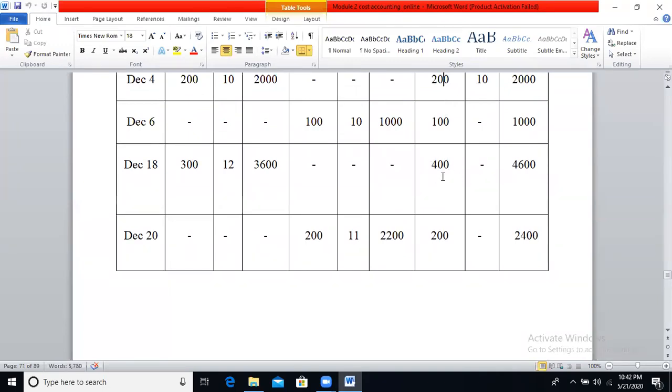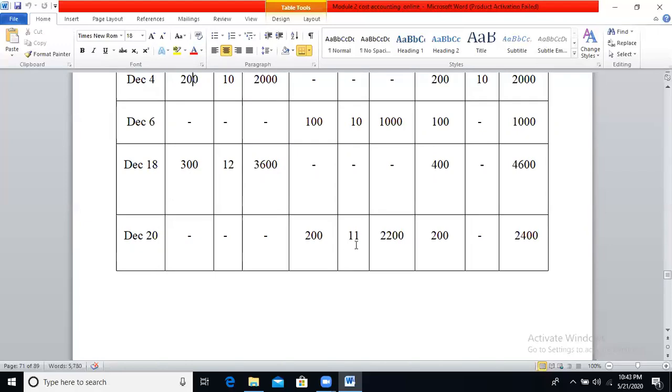This 400 units consist of, you have to go through the reverse chronological order of receipts: 300 units on the date of December 18th and 100 units on the date of December 4th. It means you have to consider these two prices, that is 12 plus 10 divided by 2, average of these two. So 12 plus 10 divided by 2, you will get 11. That will be your issue price.